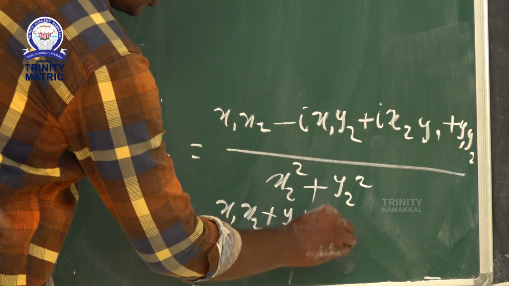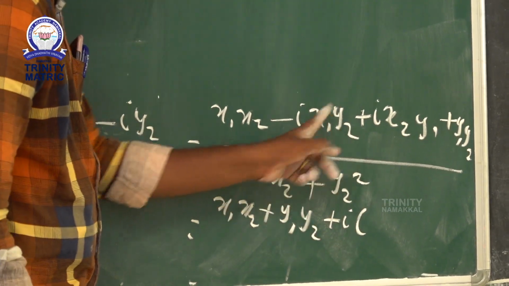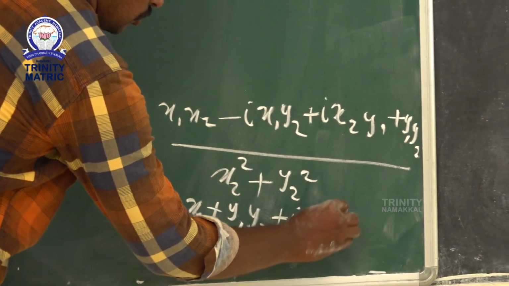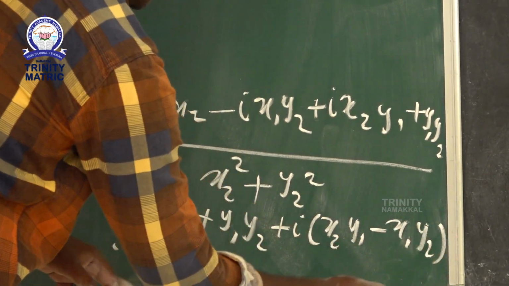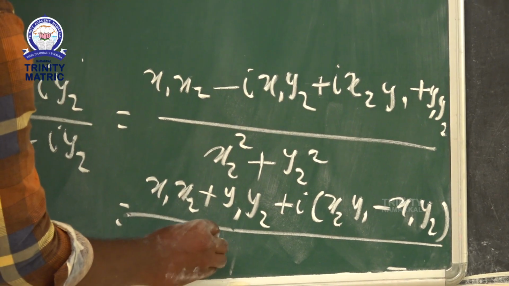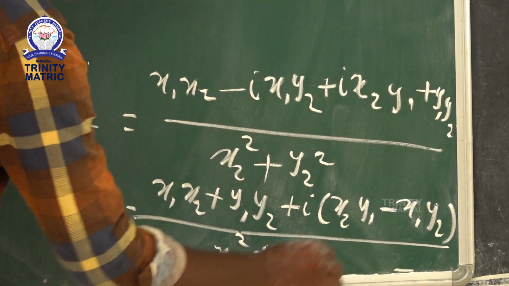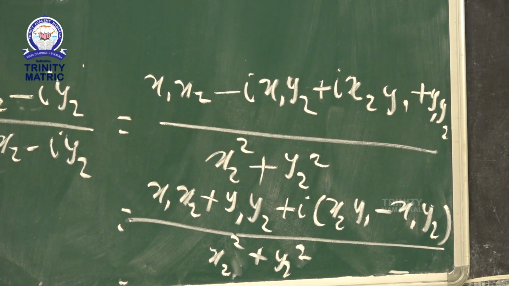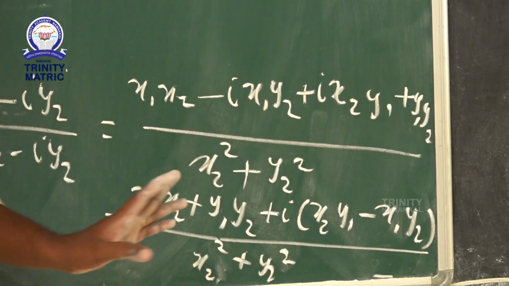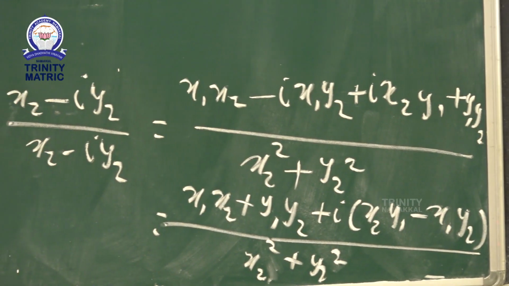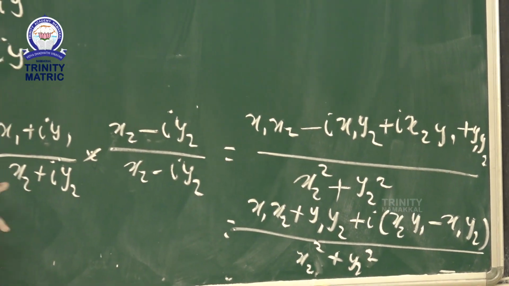So take the positive term first, negative term second: x2 y1 minus x1 y2 divided by x2 squared plus y2 squared. This can be rearranged by separating the denominator into real part and imaginary part. This is the division. Using the conjugate of the denominator complex number is compulsory.